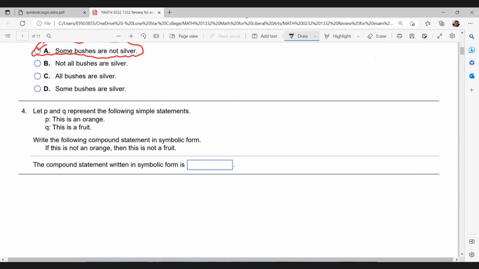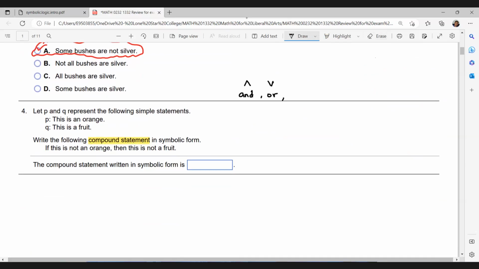Let P and Q represent the following simple statements. P, this is an orange, and Q, this is a fruit. Write the following compound statement in symbolic form. A compound statement means we're going to connect some simple statements together using the word and, which is the symbol for conjunction, or, which will be a disjunction.